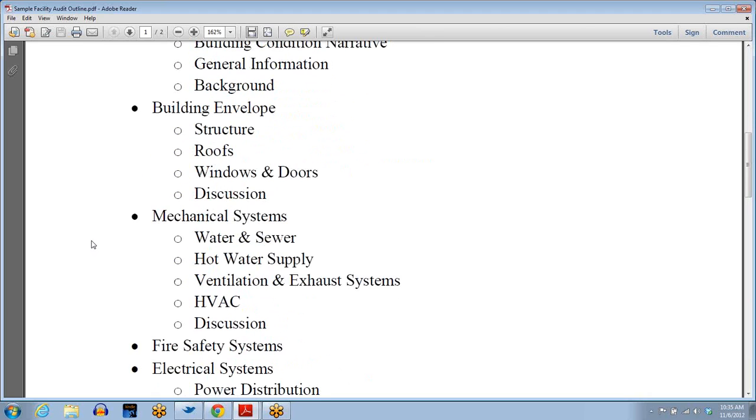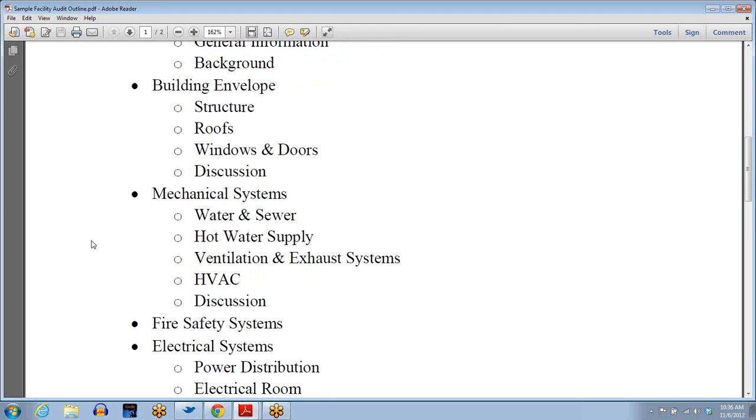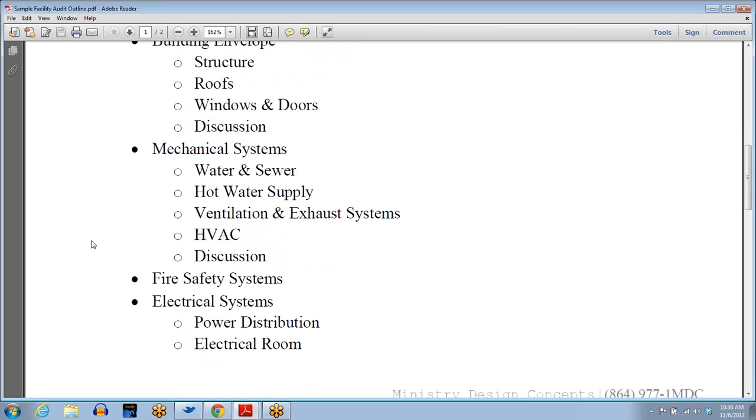Then the mechanical, water and sewer, water heaters, ventilation, exhaust systems, HVAC, and going to discuss it. So you've got your mechanics. There may be other things that are involved in that as well, but that's just a general idea. Fire safety systems.